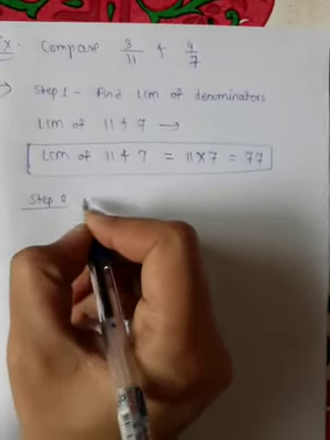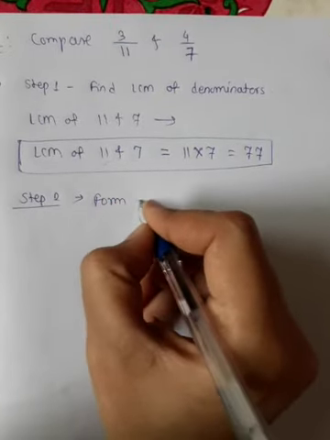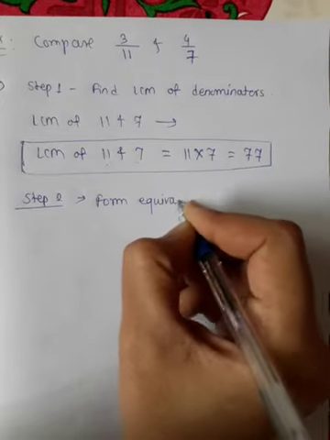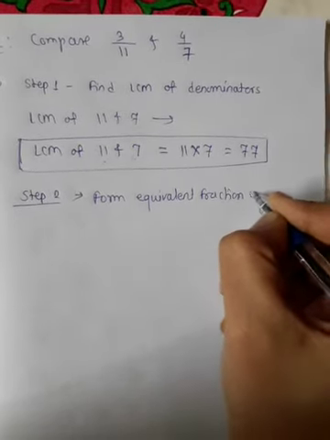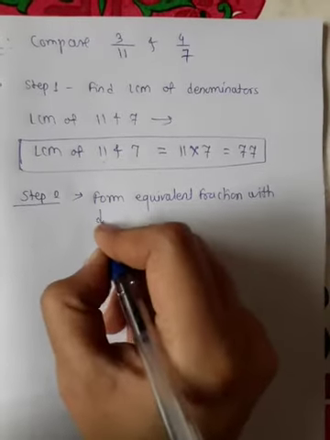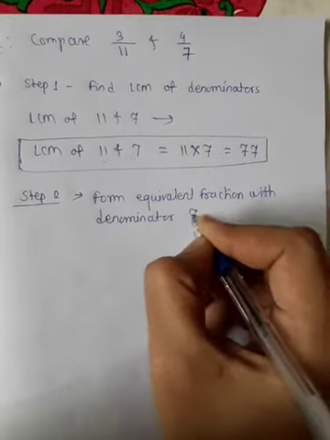The second step is to form equivalent fractions with denominator 77.